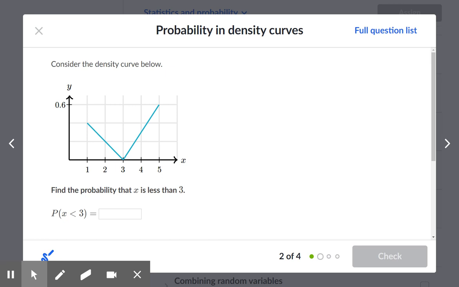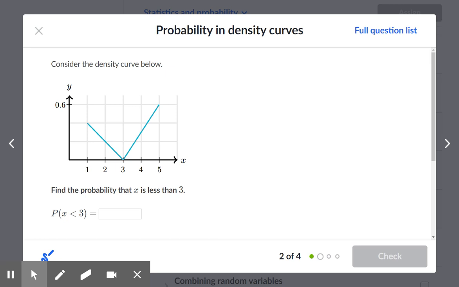The area of a triangle has this formula: half times the base times the perpendicular height. The base is from here to here. I always look at the base as the bottom. So the base is 2.